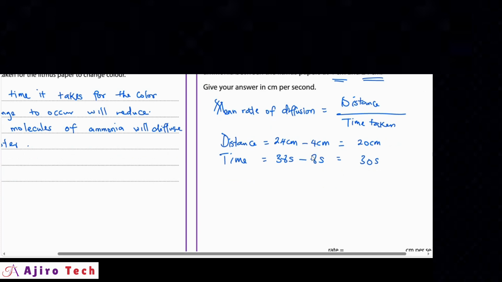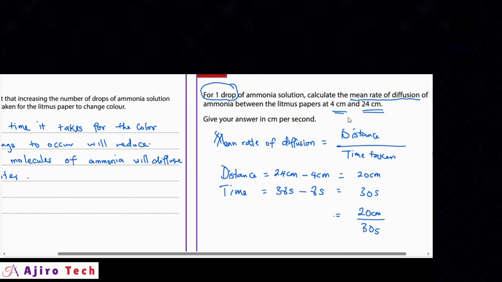Since we have gotten our values, let's follow the formula and substitute. Distance is 20 centimeters, divided by the time, 30 seconds. And don't forget, the question says we should give our answer in centimeters per second.